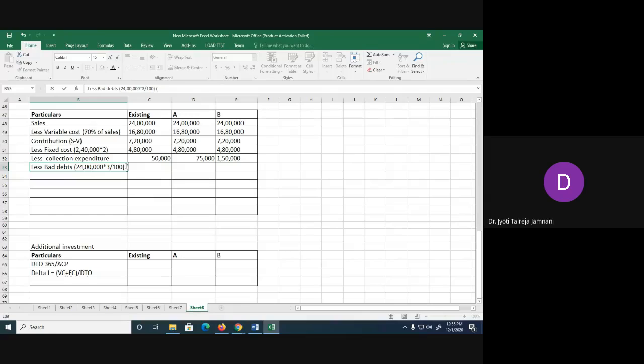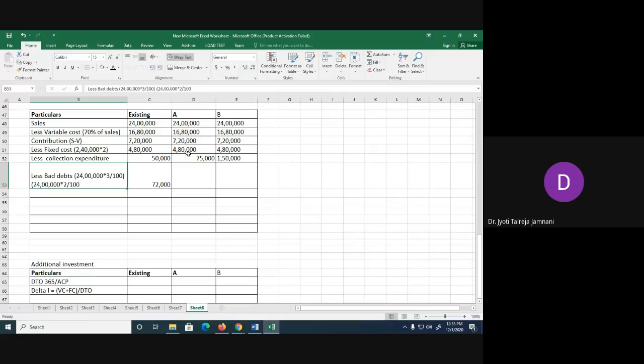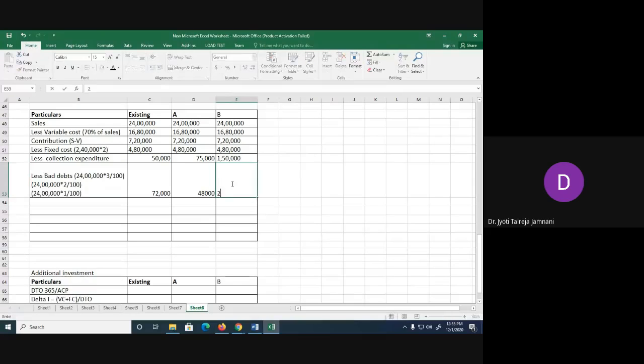Then 24 lakhs, again the same sales, into, for policy A, the bad debt was 2%, so 2 divided by 100, 2% would be 48,000. And in the last case, the sales is the same, that is 24 lakhs. The bad debt percentage is 1%. So that comes to 24,000.